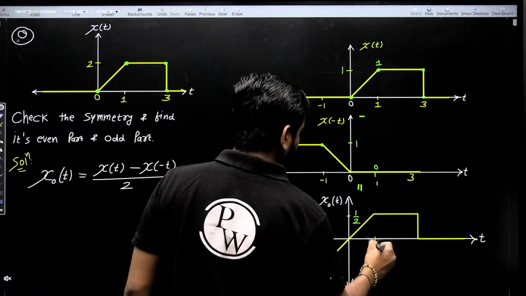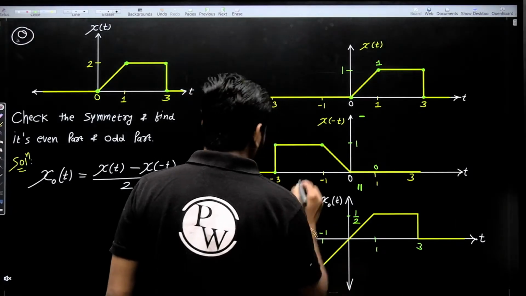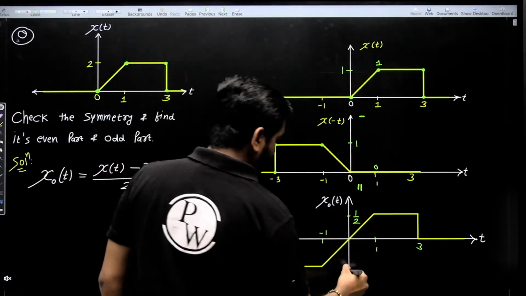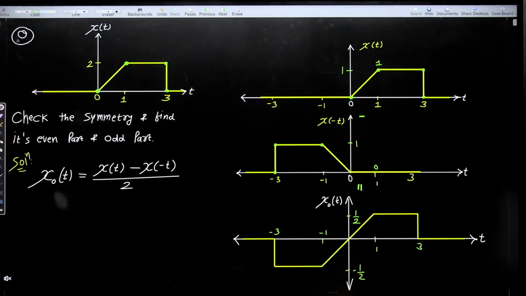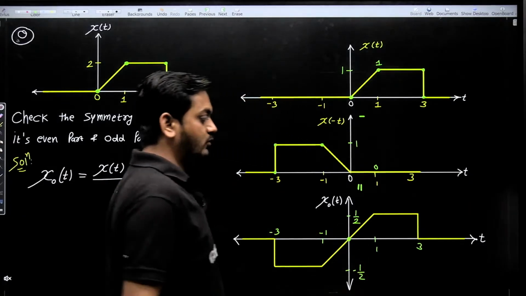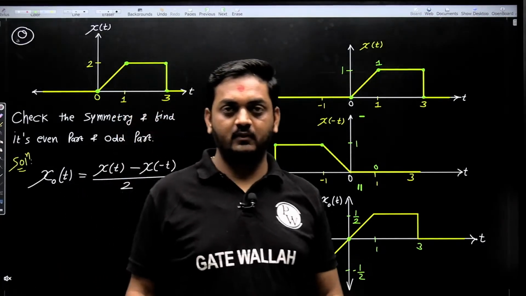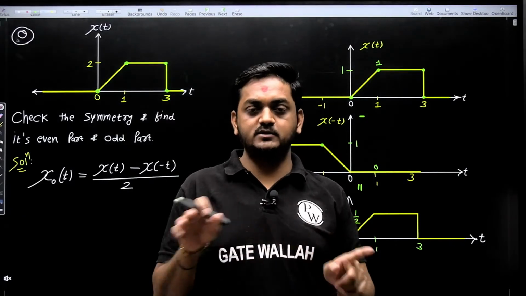Here this is 1, then minus 1, this is minus 3, again 0 minus 1 divided by 2 will be minus 1 by 2. This is the odd part of the given signal. Clear? Any doubt? Graphically, signal addition, signal subtraction, and finally amplitude is divided by 2.